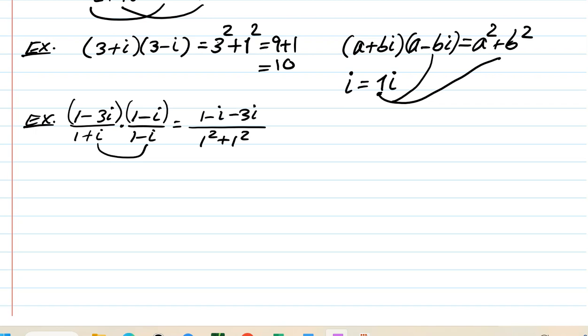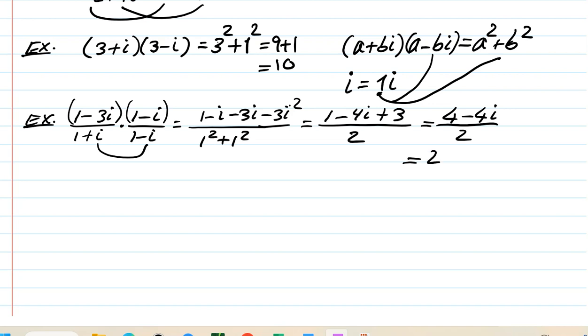Negative 3i times 1, and negative 3i times negative i is 3i squared. You can do the same thing in the denominator. That's 1 minus 4i plus 3 divided by 2, so 4 minus 4i divided by 2, and 4 by 2 is 2. Got to remember to divide both of these by 2, not just the first one. Negative 4i divided by 2 is negative 2i. Okay, so we're done with this division.